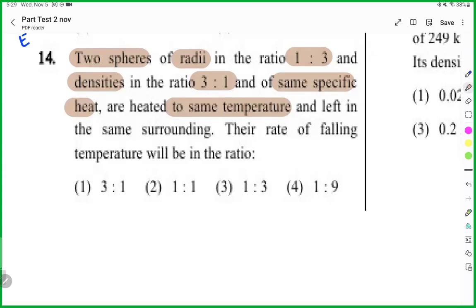So overall change in temperature is the same. Rate of falling of temperature will be in the ratio of... Make it fast.